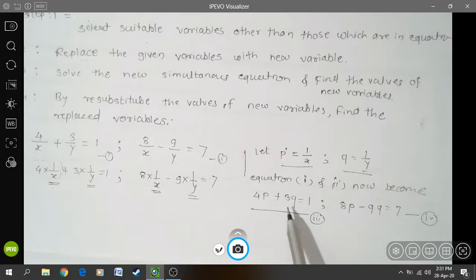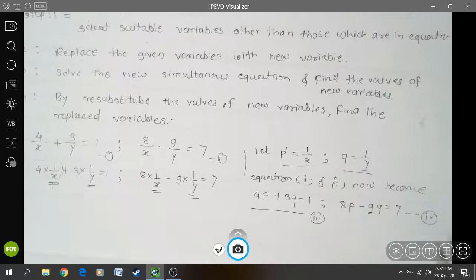We can see the elimination method is easy when the equations are reducible. Why? Because here is a 3q, and in the second equation there is a minus 9q. If we multiply equation 3 with 3, this will become positive 9q, and it can be cancelled with the minus 9q.